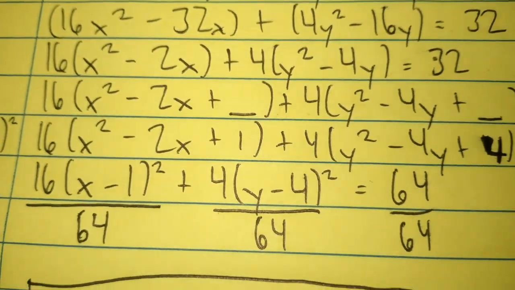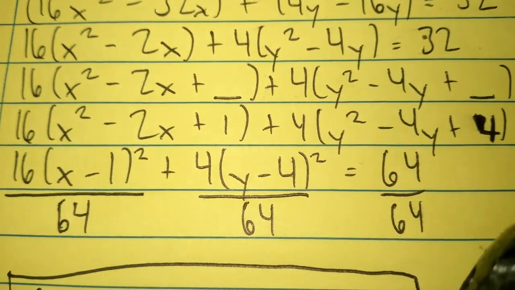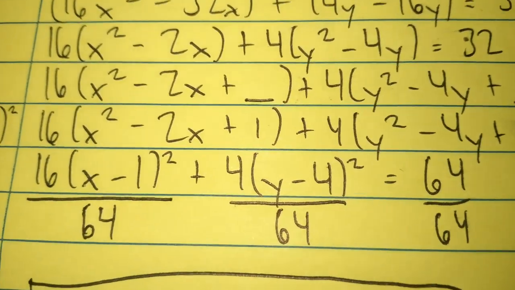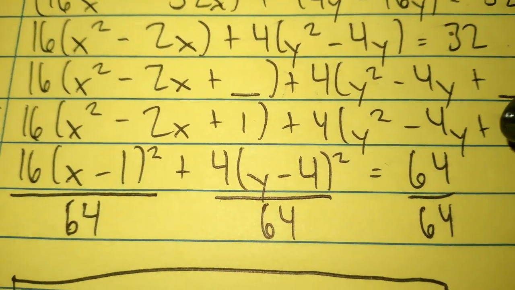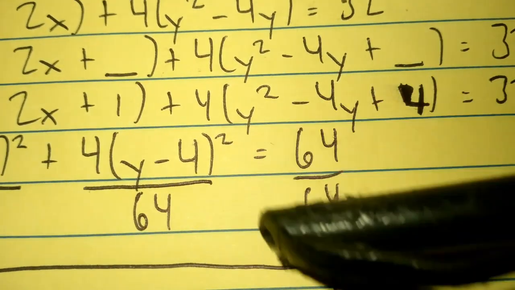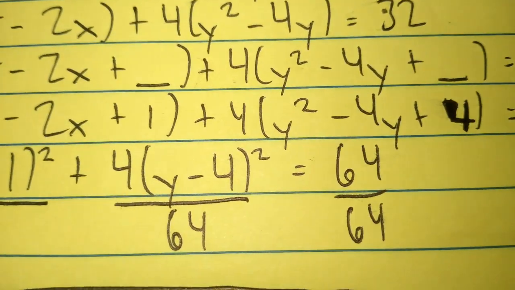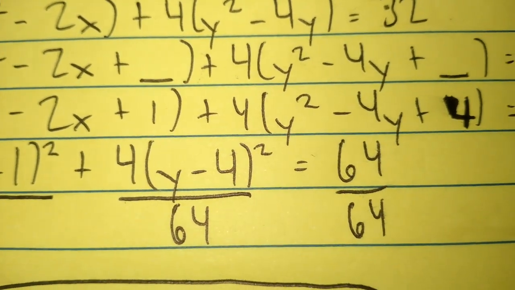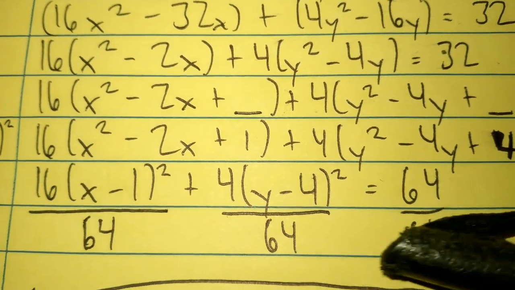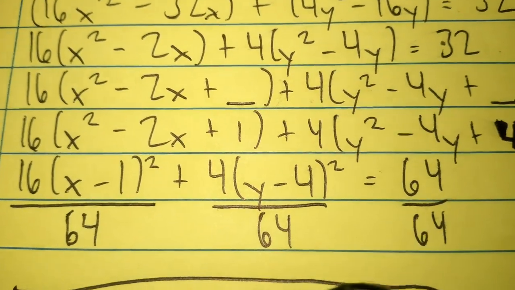So for the last step, we're going to simplify in order to get the standard equation, in which the value of this should always be 1, because we're solving an ellipse. Let's just say that we are going to divide it all by 64.